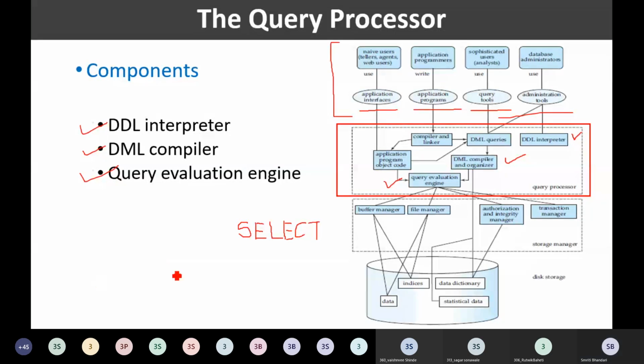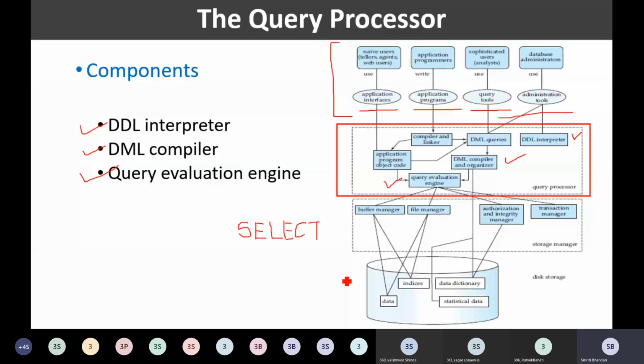What did we do? We wanted to extract the names of the instructors who belong to the computer science department and also have a salary greater than 60,000. To extract this data, I have several different constructs that will help me.